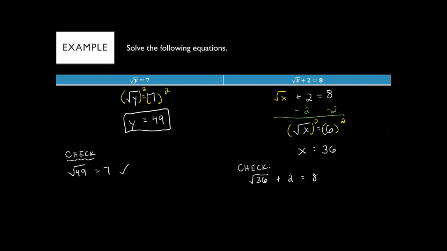And whenever you check your solutions like this, like if we're taking the square root of 36, we always assume the positive, the principal square root. So if we wanted the negative sign, we'd put a negative in front of there. So we always assume the positive. So the square root of 36, the positive would be 6. So 6 plus 2 equals 8. And that is true because that gives us 8 equals 8. So we've just verified that x equals 36 is indeed a solution.